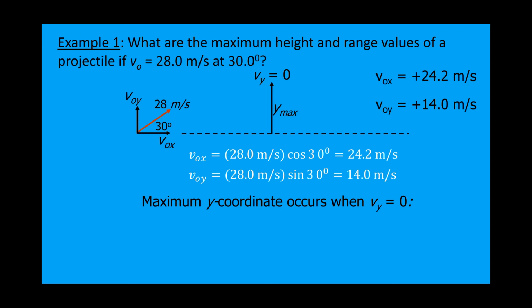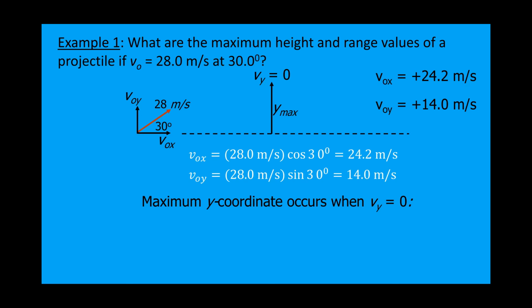I think it's the third one, the one without time. The VF squared equals VO squared plus 2a delta x? Yeah. So we could actually find the maximum height just using that equation, because it's got final velocity, which we know will be 0 at the peak, initial velocity, which we know is 14 vertically, acceleration, which we know is negative 9.8, and then the only other variable is the displacement, and that's what we're trying to find, the height. So we could just directly use that, and I'll show you that here in a few minutes.